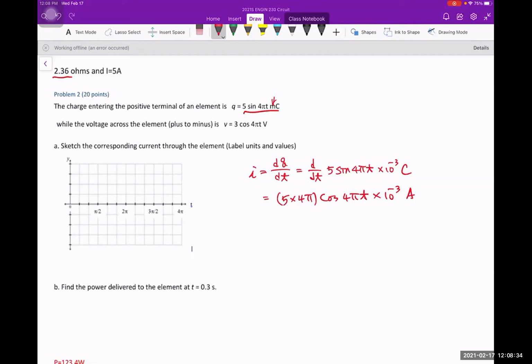We want you to sketch the current. So once you have this equation, then you can sketch the current graph on this picture over here. Now the x-axis represents the time, and y represents the current. So this is your current. And how do you draw this?